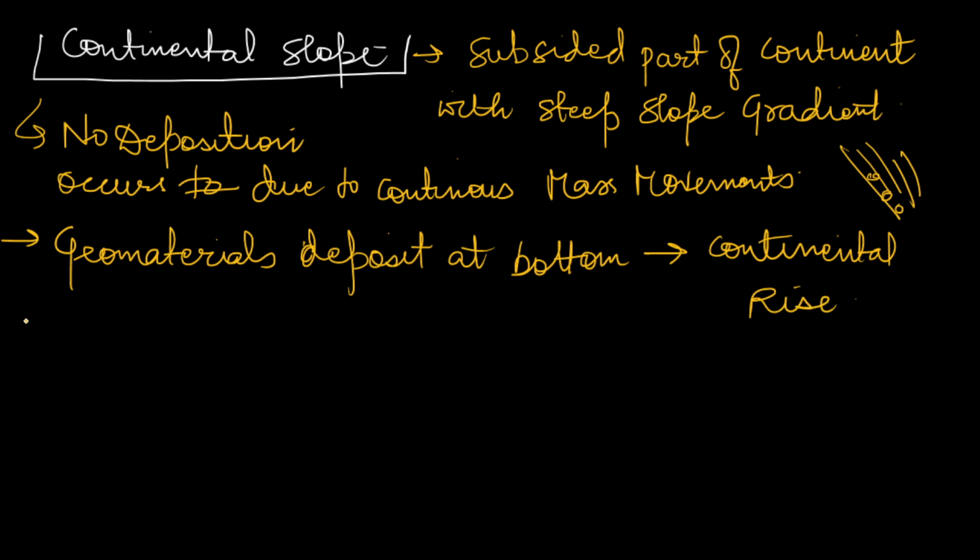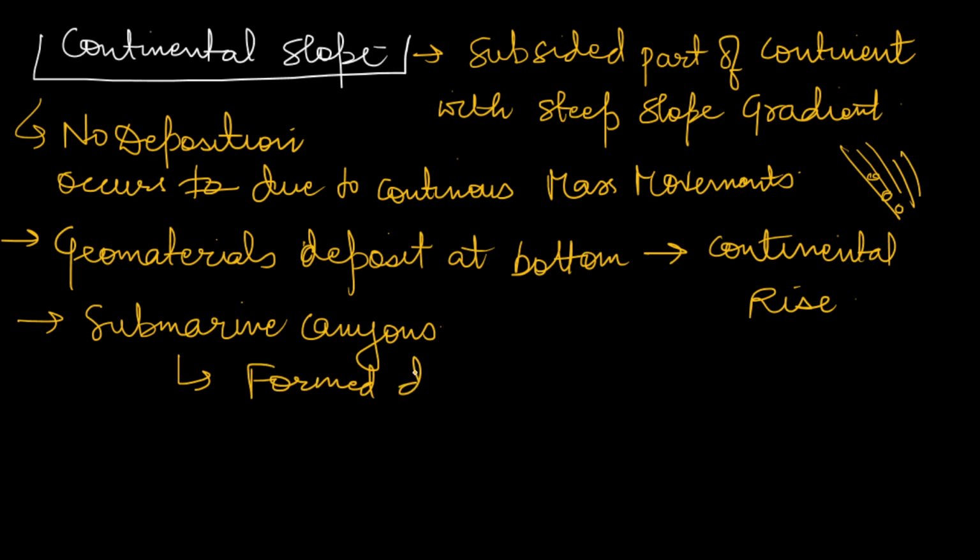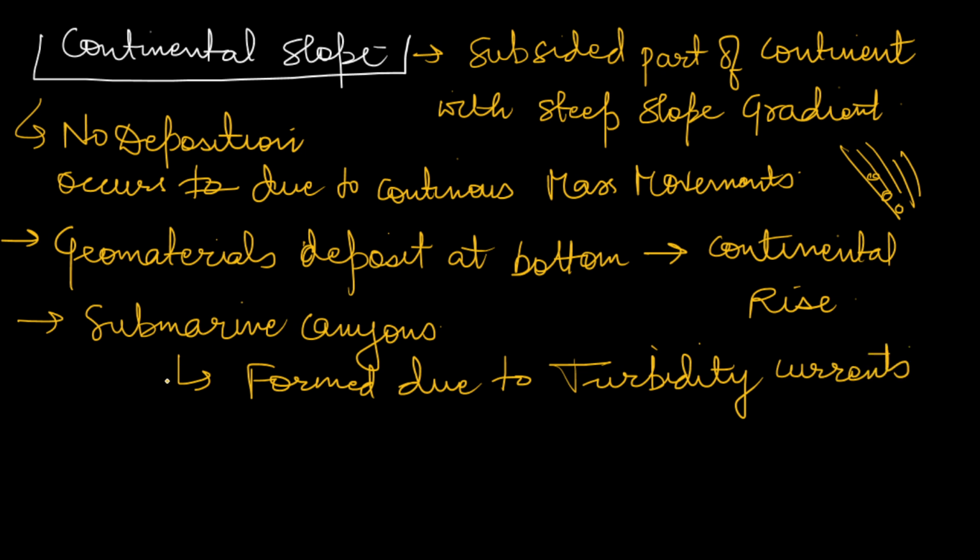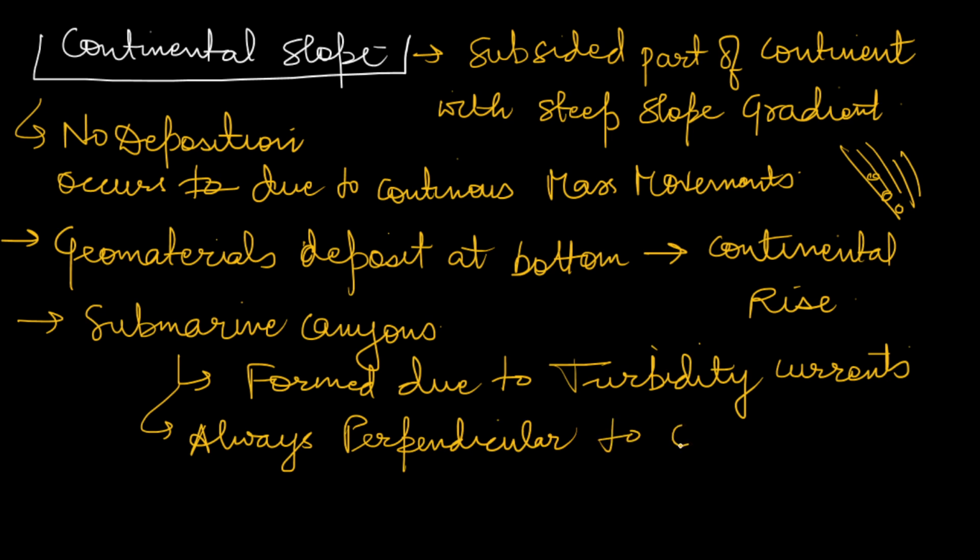You can find submarine canyons on this continental slope. These are formed due to turbidity currents, and these are always perpendicular to the coastline.